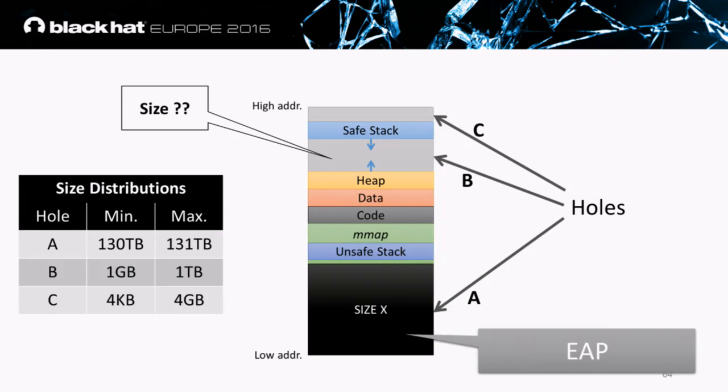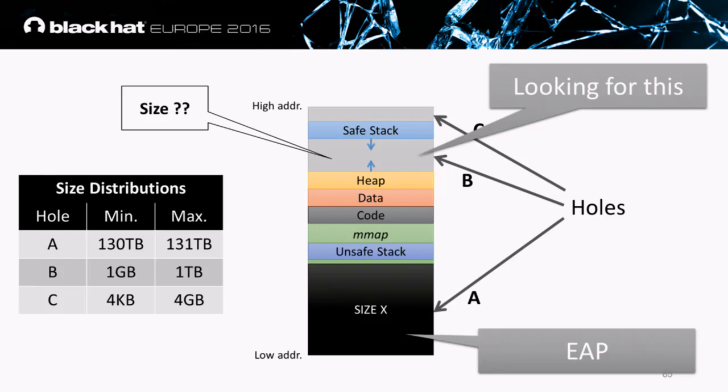So let's say we inferred the size of the memory region of hole A with the short-lived primitive, but we want to know the size between the heap and the safe stack. So we have to continue allocating and finding the size of this region.